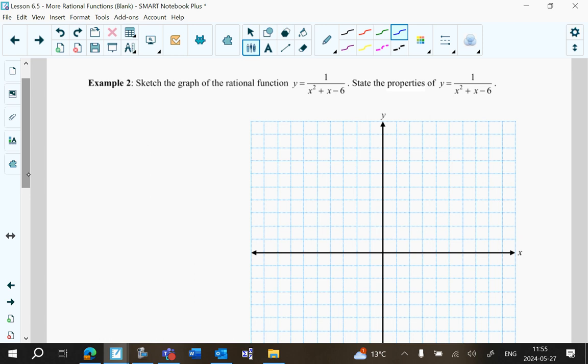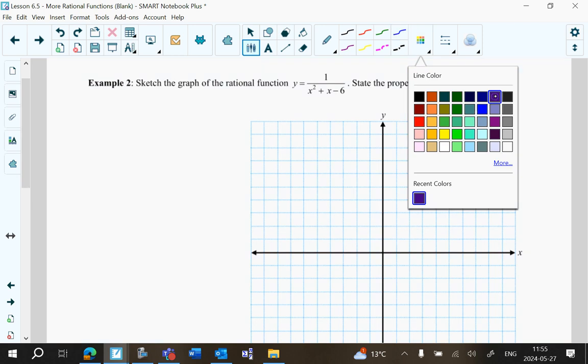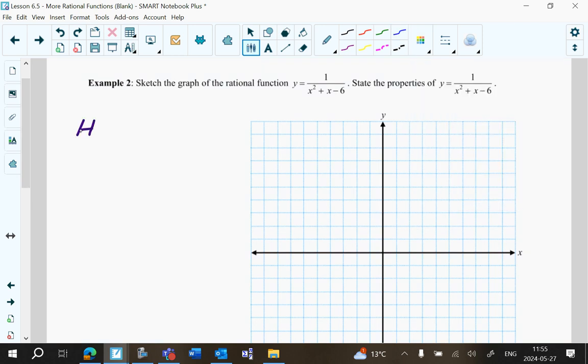Horizontal asymptote: y equals 0, automatic. Vertical asymptote, or the asymptotes, are whatever values of x will make the denominator equal to 0. So I have to figure out what this is.